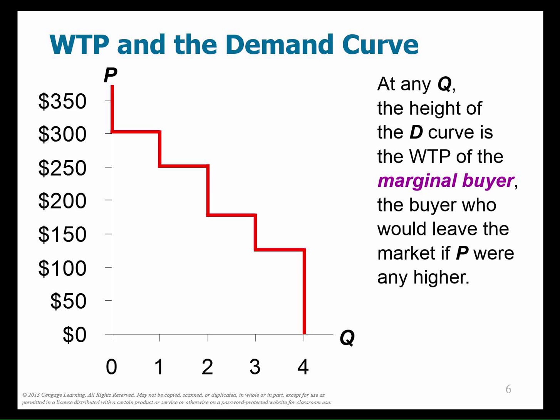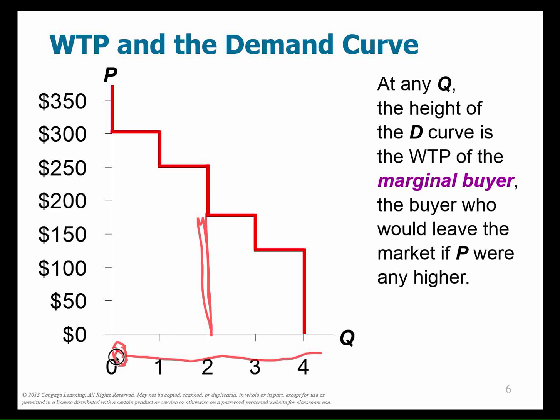The height of the demand curve, so say for person number 2, the height from here to here, that's their willingness to pay. Anytime I look at a demand curve, I can think of these people, 0, 1, 2, 3, 4. The way I think of a demand curve is that we line up all the consumers at the bottom here, in order.